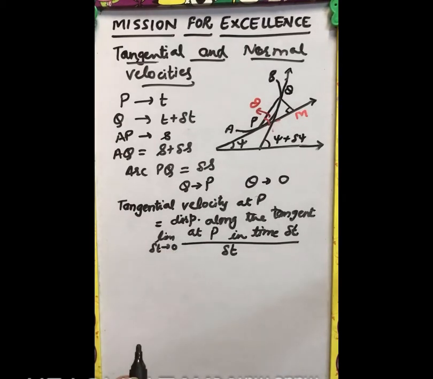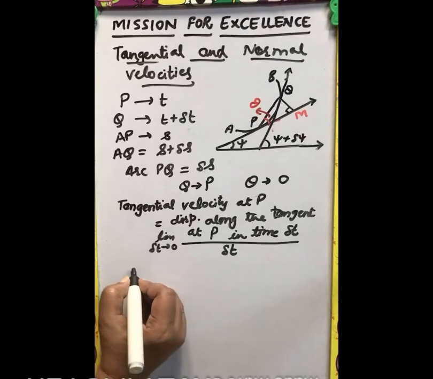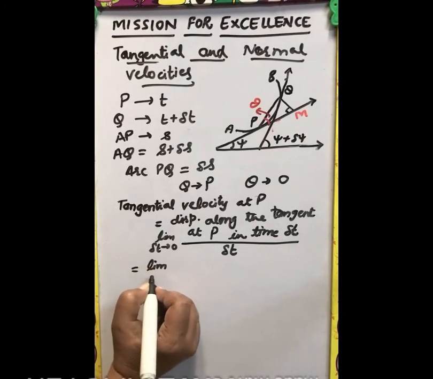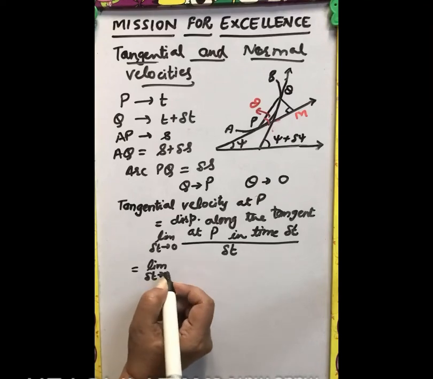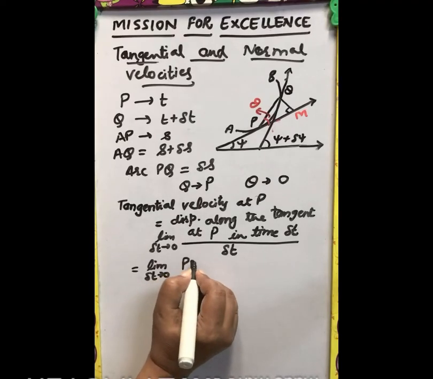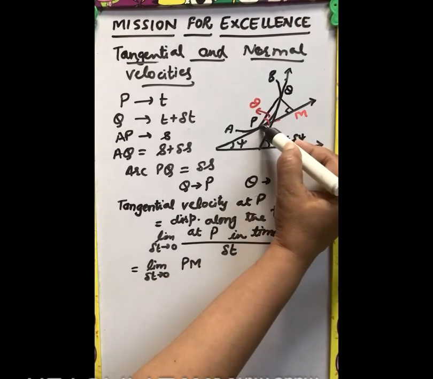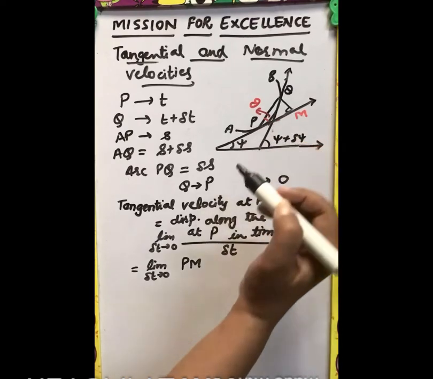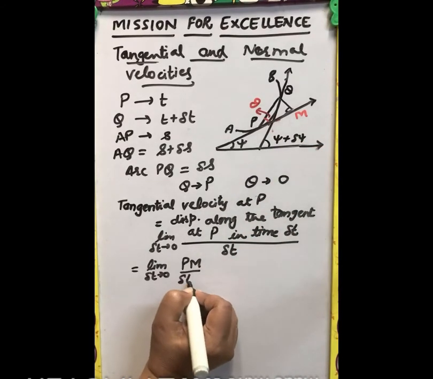So this is the definition of tangential velocity. Now we write it as the limit delta t tends to 0 of PM, the displacement along the tangent PM, upon delta t.